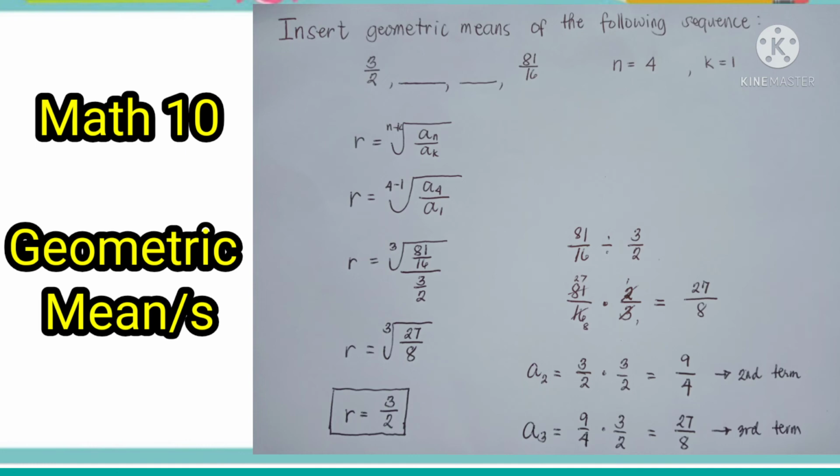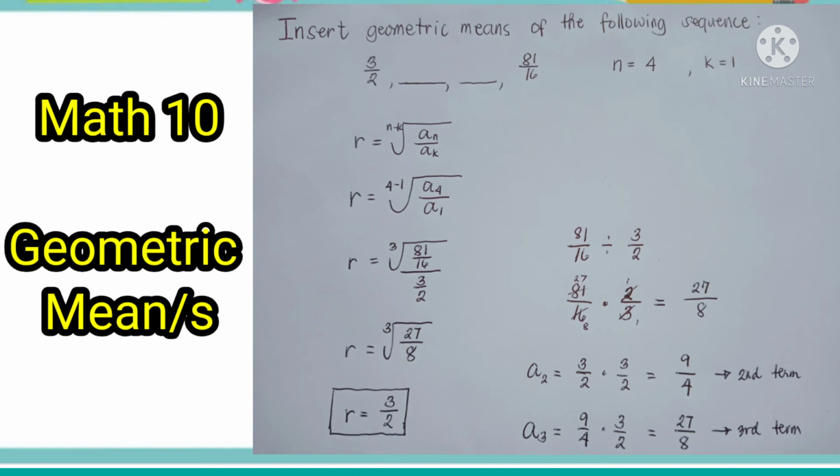So when we say cube root, that is 3 times. Then we will get also the cube root of 8, and the answer is 2. Because 2 times 2 times 2, the product is 8. So therefore, the cube root of 27 over 8 is 3 over 2. And therefore, this is now our common ratio, which is 3 over 2.